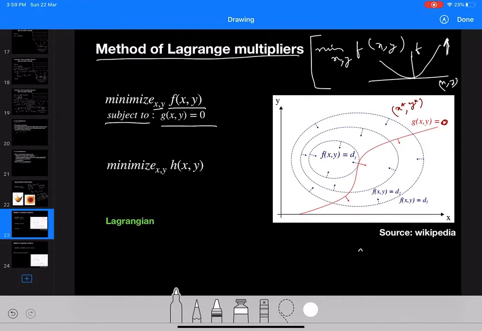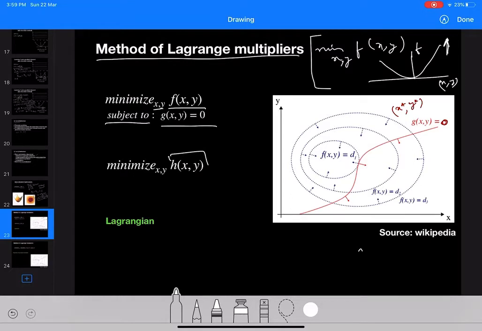Whenever we are on the curve, we are following the constraints. When we are not on this red curve, we are not following the constraints, and not following the constraints makes us unhappy. So what we can do is redefine a function h of xy which behaves in the following way.